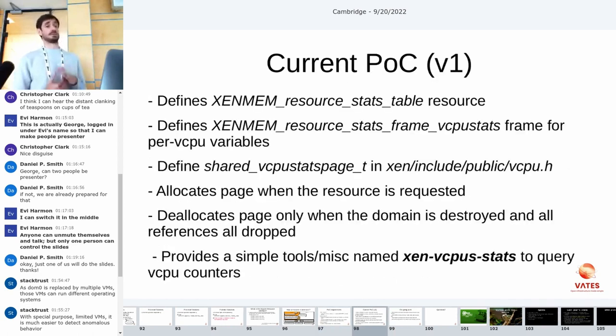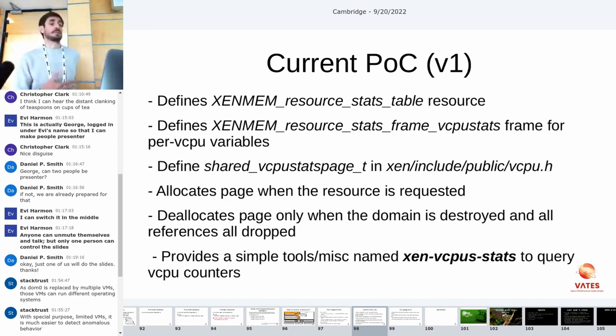So we have the second version of the proof of concept. We propose a new resource called stats table, and in particular, sorry if I'm being a bit technical here, I'm going to use the first frames to keep VCPU information, because the idea is maybe to use different frames for different information, so it's going to be extensible.